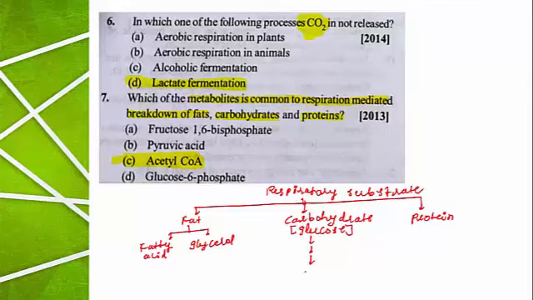One is 3-PGAL and another is DHAP. 3-PGAL, phosphoglyceraldehyde, is finally converted into pyruvic acid. That pyruvic acid undergoes oxidative decarboxylation and produces acetyl coenzyme A so that it can undergo the Krebs cycle. This is for the metabolism of glucose.